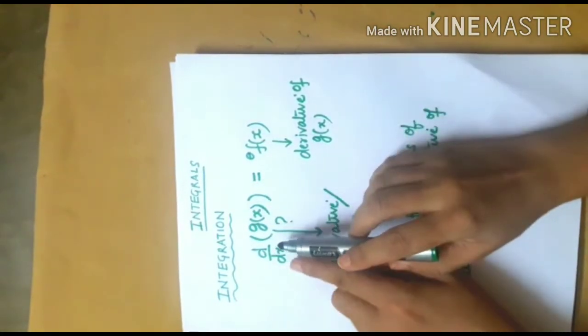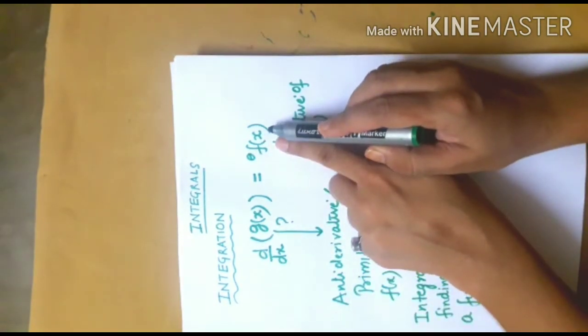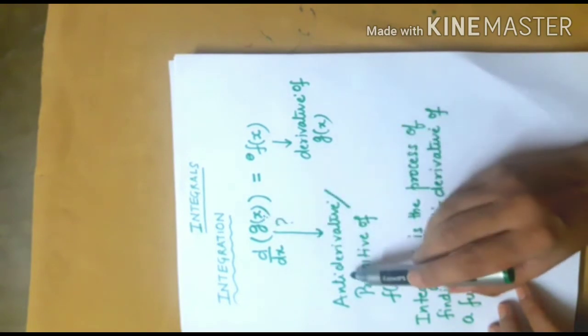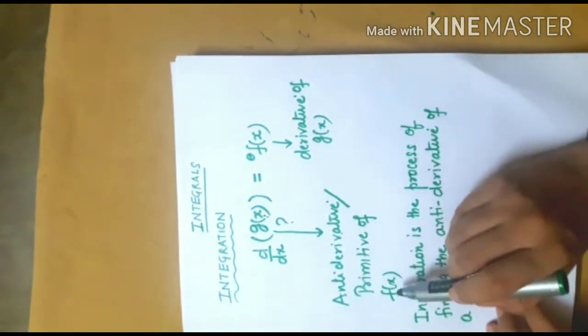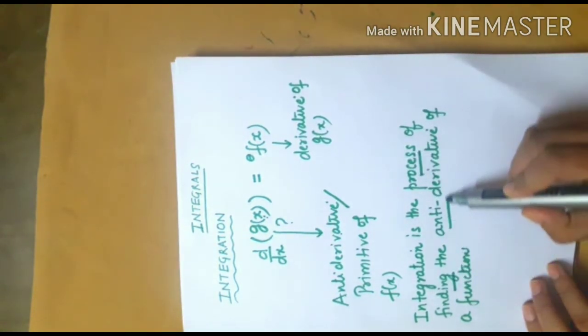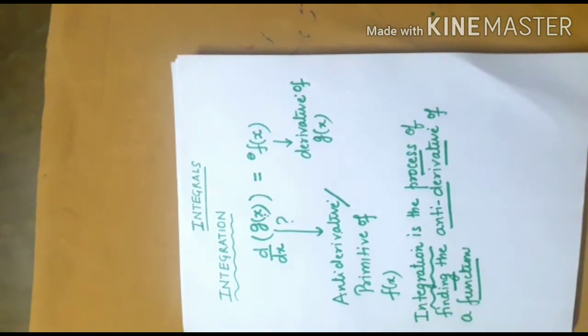We are given the derivative of a function as f(x) and we are to find out this function. This function is called the antiderivative of f(x). The process of finding the antiderivative of a function is called integration, just as the process of finding out the derivative is called differentiation.